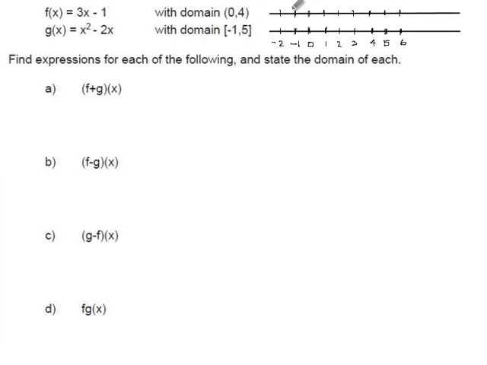Function f, they say, is defined from 0 to 4, but not including either one of those places. So we've got an open circle at 0, and it's defined up to 4, and we get an open circle there also. So it's defined everywhere between 0 and 4, but not at either of those values.